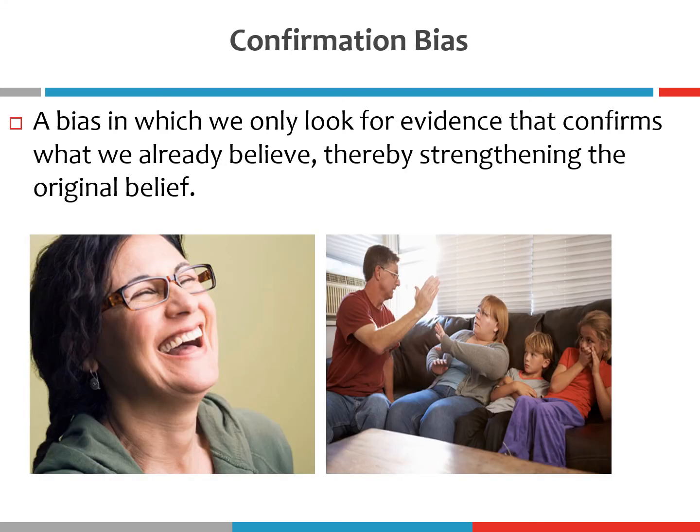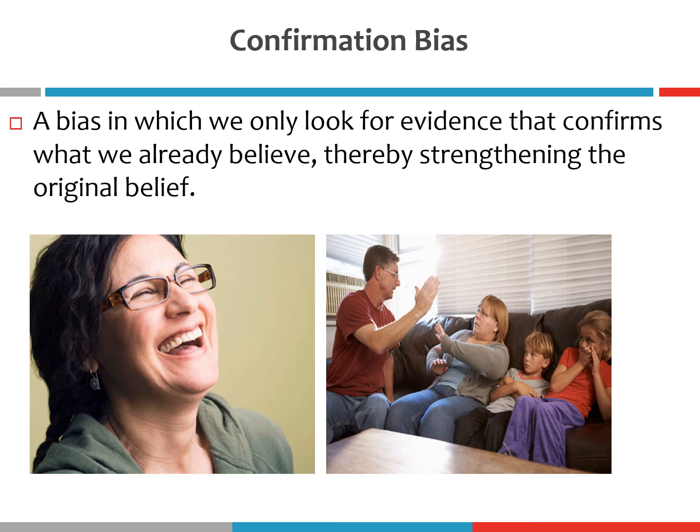So just a couple more biases left that I want to go through with you guys. One is one that should be familiar to you, the confirmation bias. So the confirmation bias is when we only look for evidence that confirms what we already believe, thereby strengthening the original belief, right?